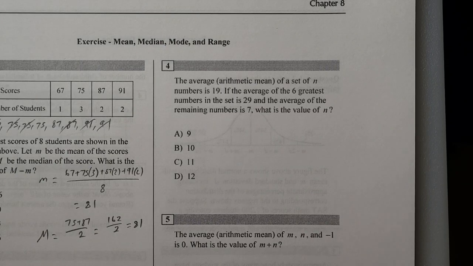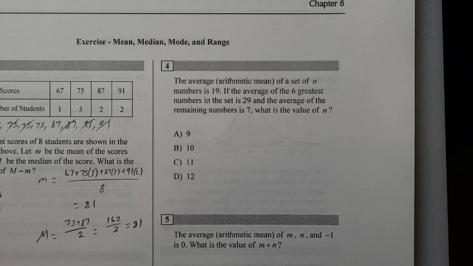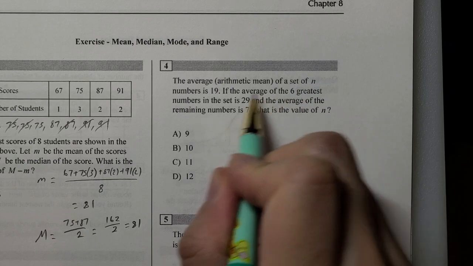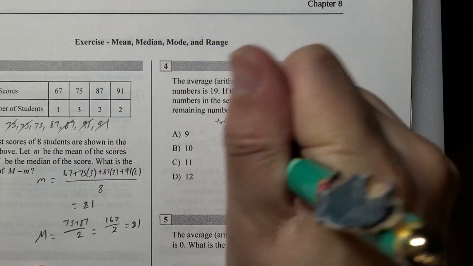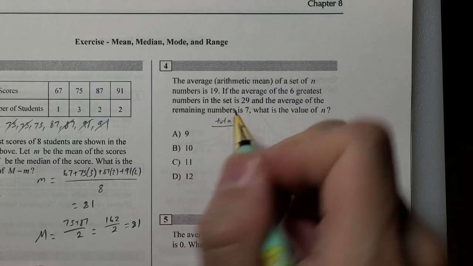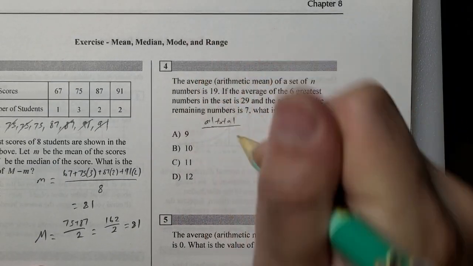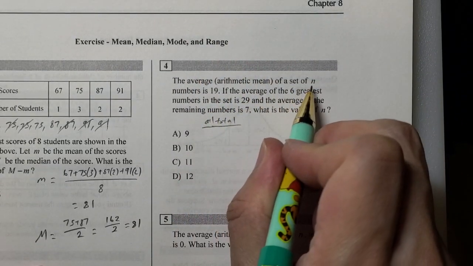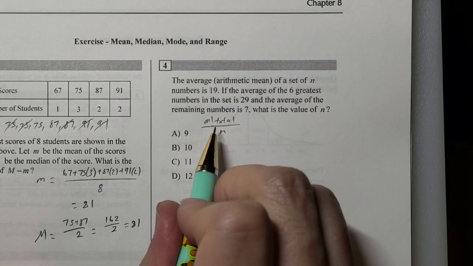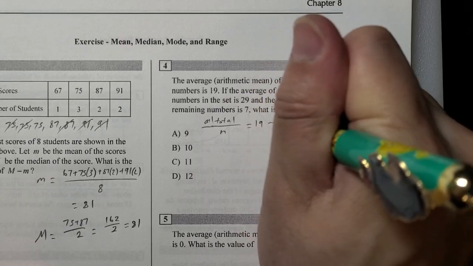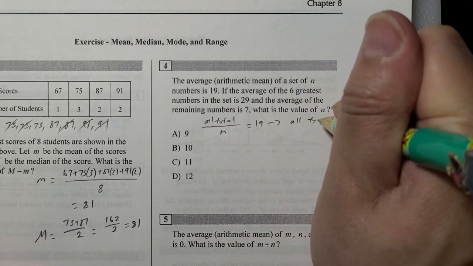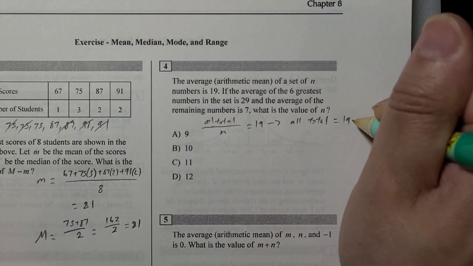Okay, so how I thought through this was the average of all of them is 19. So the total over n, that's because you need to sum and divide by the number of terms, that's the average, is 19. So the total of all is 19n.